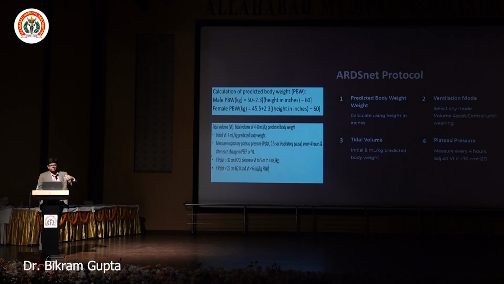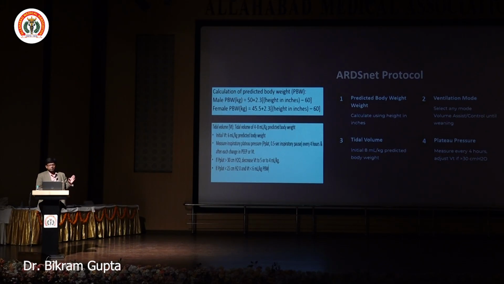If initially the patient's lung is very bad and you intubate such a patient and keep them on pressure assist control mode with, for example, a PIP of 28 and PEEP of 10, the gradient is 18, and the tidal volume delivered at that time is 400 ml. But after some time, because of your mechanical ventilation strategy and treatment, the same pressure gradient will generate a tidal volume of 500 or 550, and it will injure the lung.